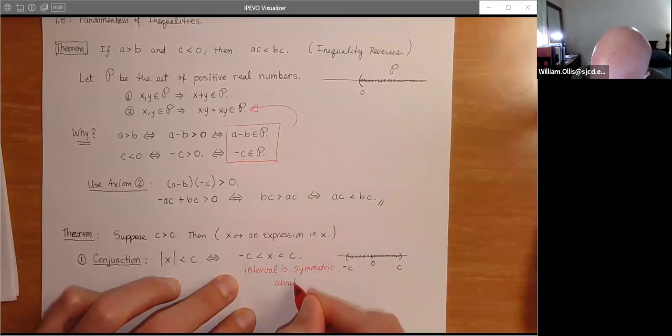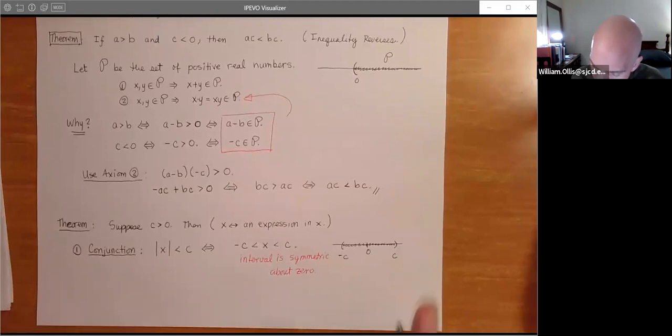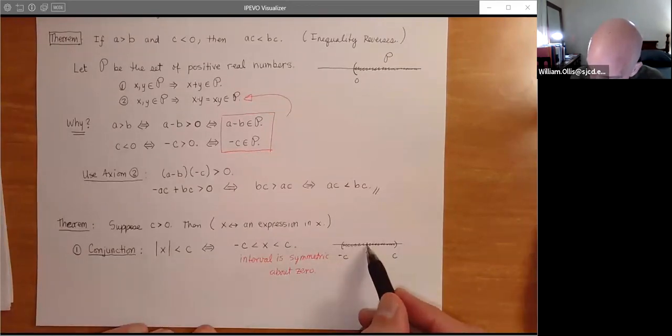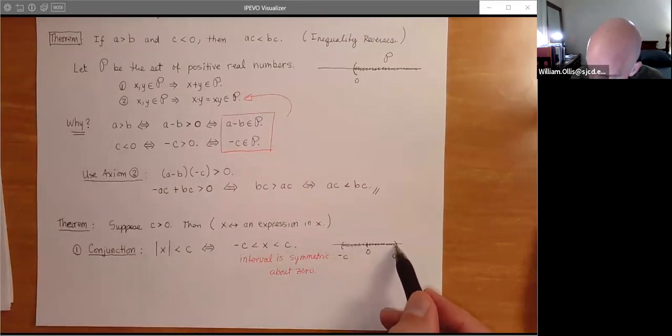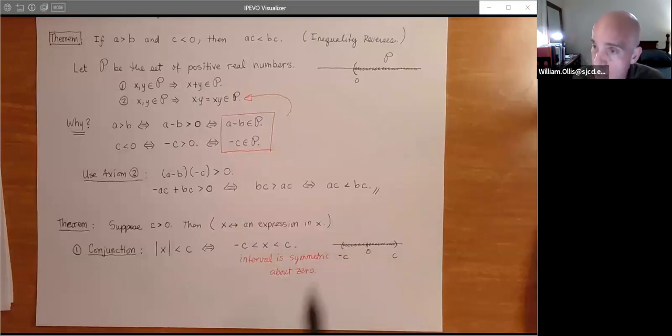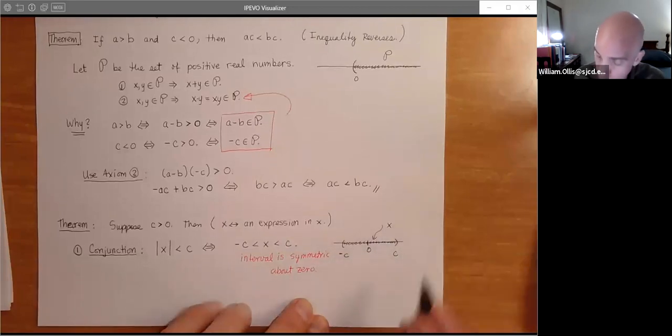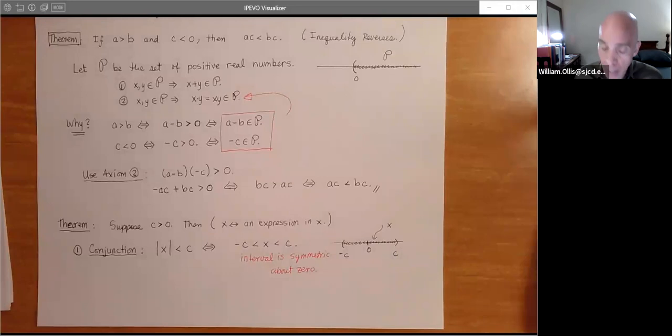And we'll say more about this. But this is just a good way to get started with this. The idea is that at 0, we can go a distance C, and at 0, we can go another distance C to negative C. And of course, X lives somewhere in between the two.